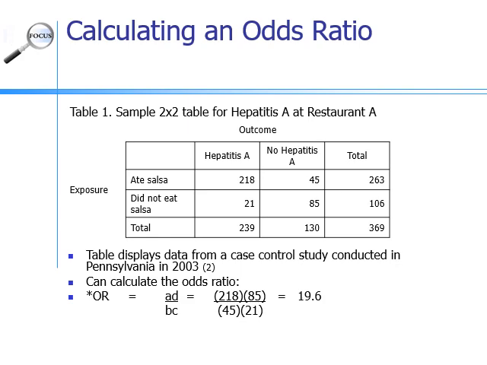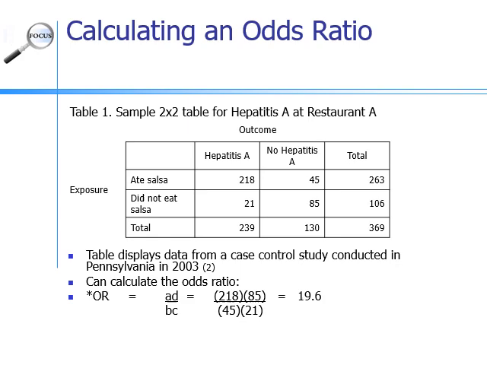So this table displays the case control study conducted in Pennsylvania in 2003. What measures of association can we get from this 2 by 2 table? Since we do not know the total population at risk, we cannot determine the risk of illness among the exposed and unexposed groups.